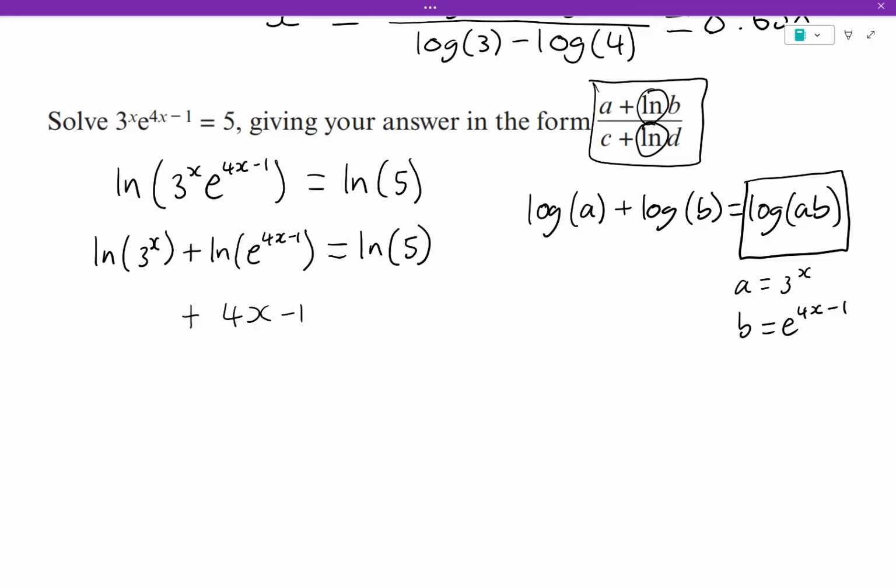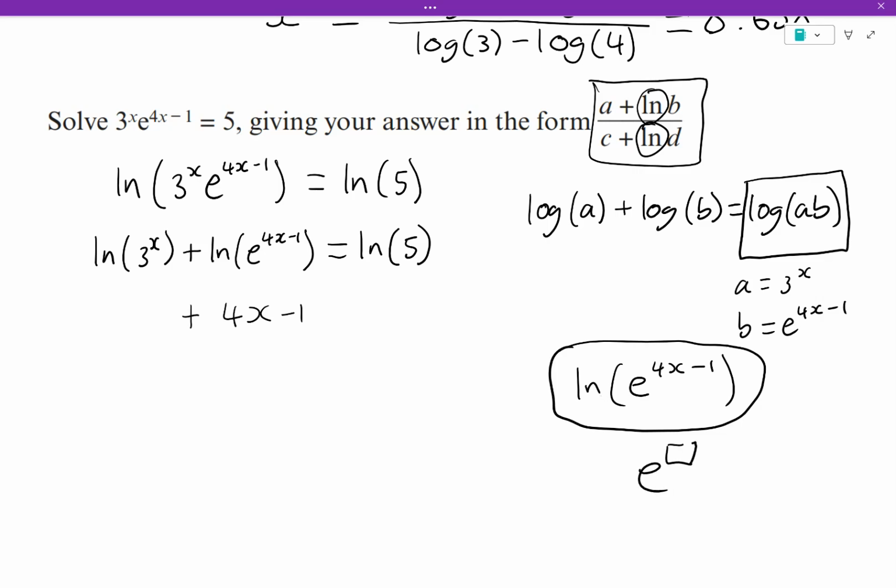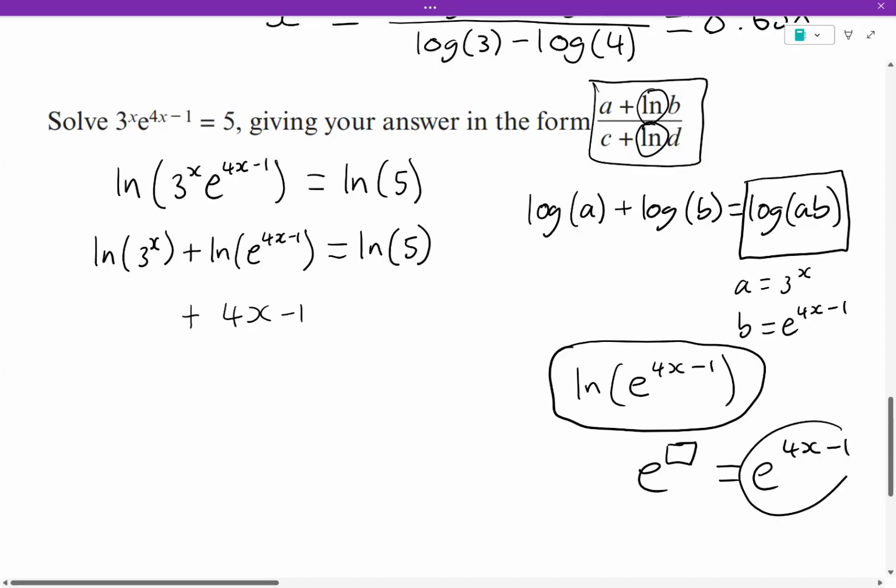Because if you've got ln of e to the power of 4x take 1, essentially what this calculation is asking is: e to the power of something is equal to e to the power of 4x subtract 1. Our argument of the logarithm came from in here. So the only thing that this power could be has to be 4x subtract 1. So we can ignore the natural logarithm and the base e, and we're just left with our power 4x subtract 1.